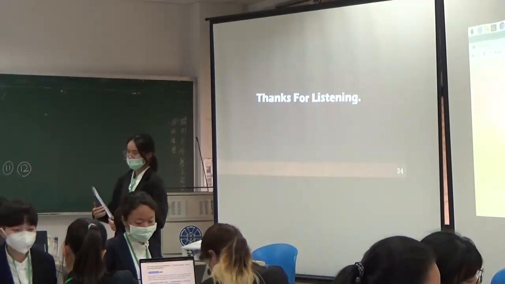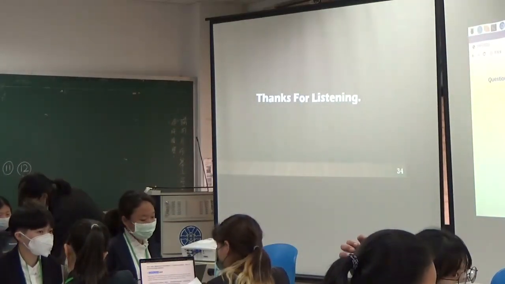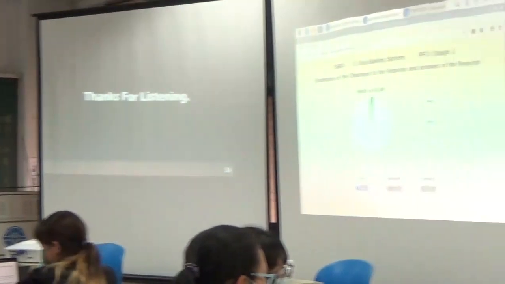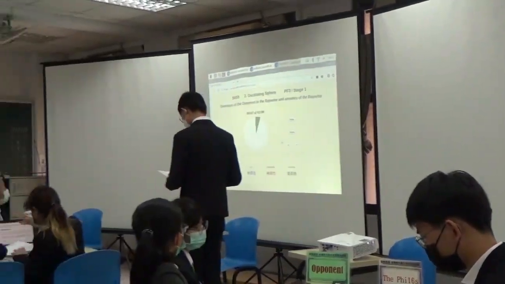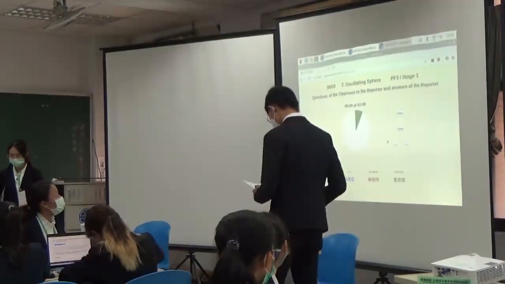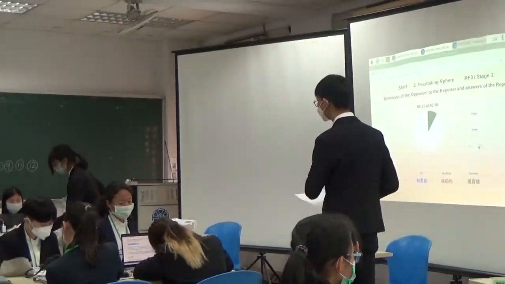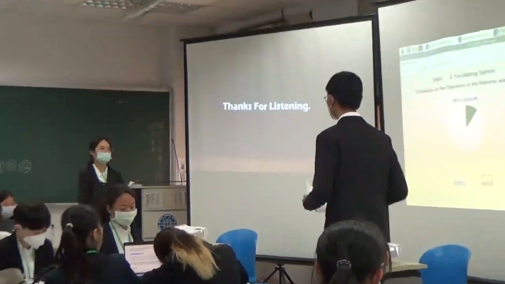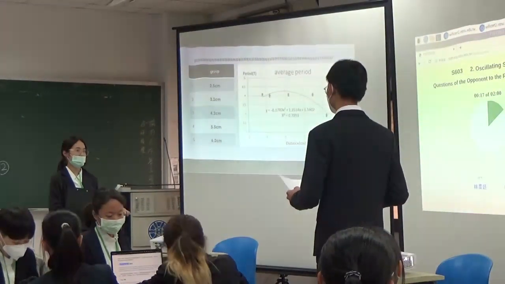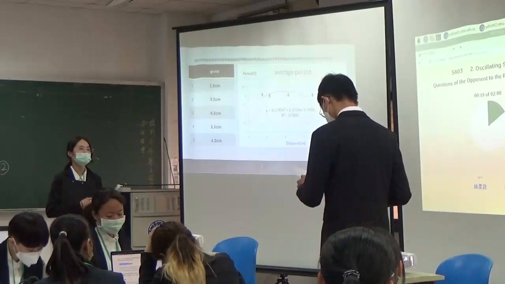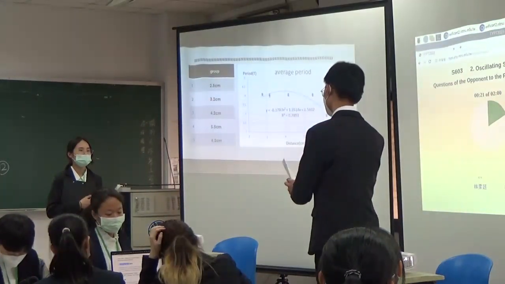Okay, the opponent, you have 2 minutes to raise questions. About my first question, I want to ask, do you think the period will be the same? Do you mean a different scatter chart, or the period of the sphere rotating?